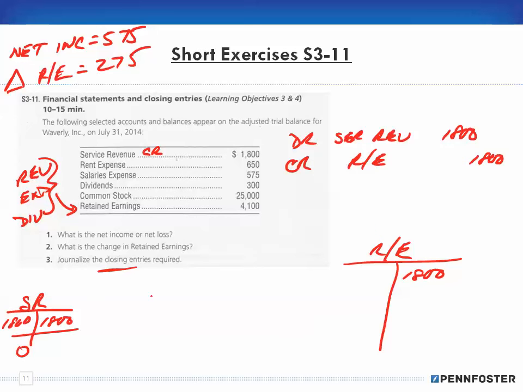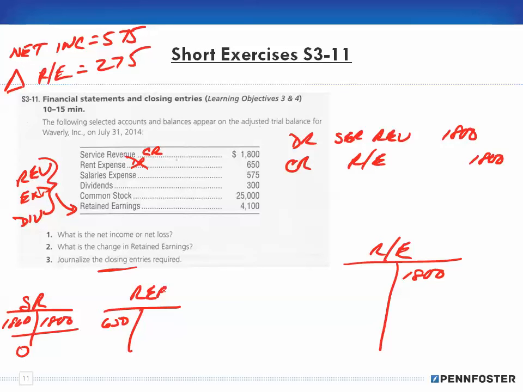Now, we're going to end up doing the same thing for rent expense and salary expense and dividends. So this is rent expense, and we know that expenses have a normal balance of a debit, so there's $650 in the rent expense account, right?